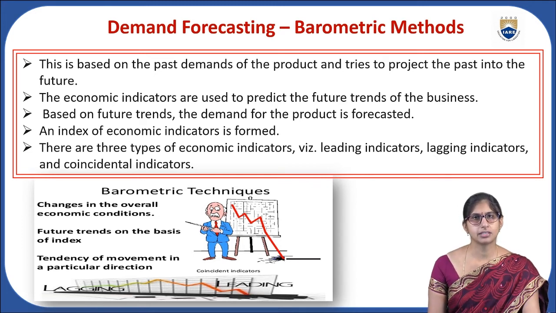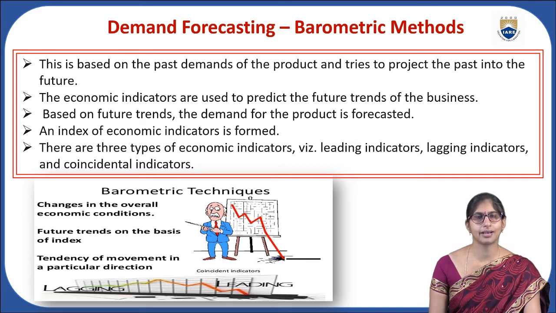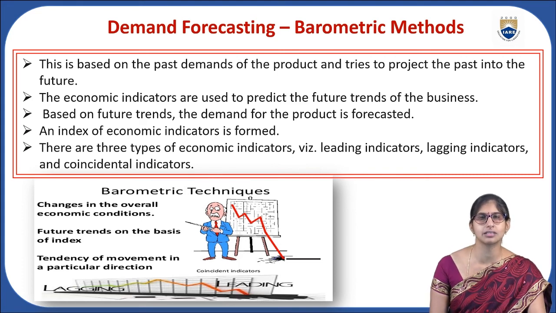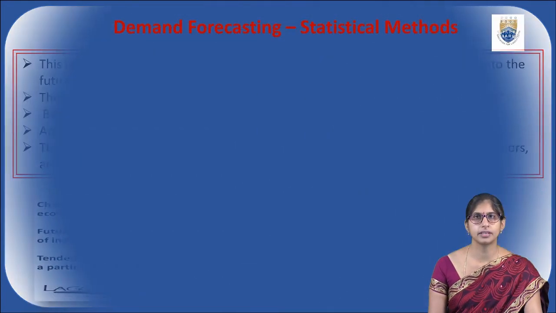So we are estimating based on the number of houses being constructed in that particular area how many TV sets are required, or how many TV connections are required for that matter, not TV sets, right? So here we are estimating based on that factor. Just like that, some indicators will tell us this is the way to estimate the demand.